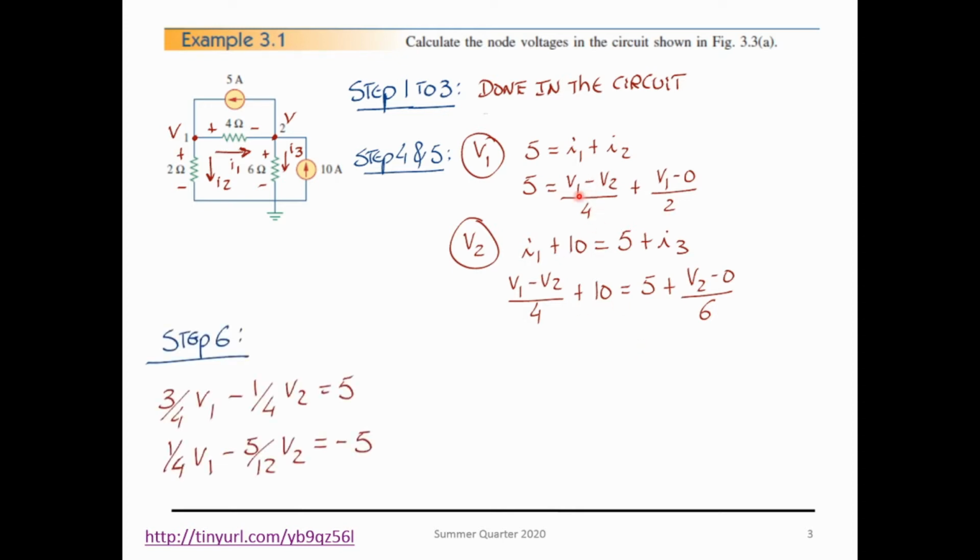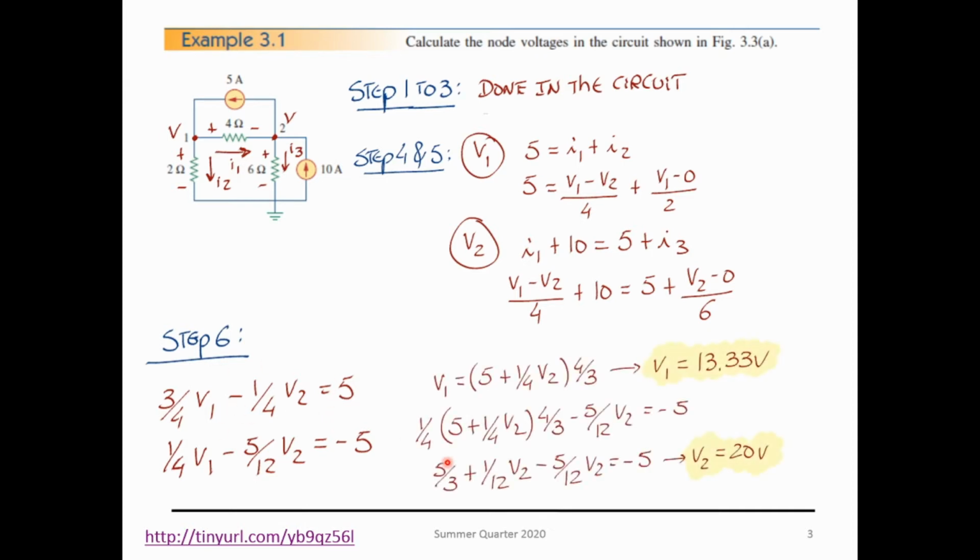Step number 6, I just start solving these equations, so put everything together, the V1s together, and rearrange the equation, and then I solve in terms of V1 and V2, and you get 13.3 volts and 20 volts for the circuit.